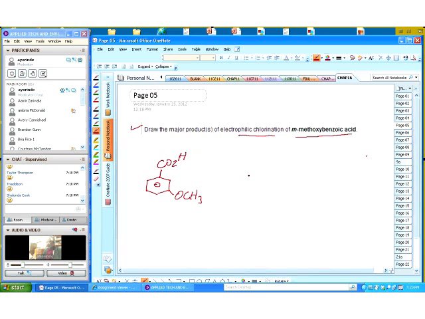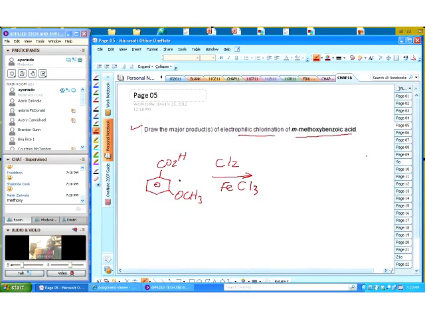Now they want us to do chlorination, which is this reagent here. Now, where would the chlorine go? Maybe the first question I need to ask you, which of these groups would direct the incoming group?